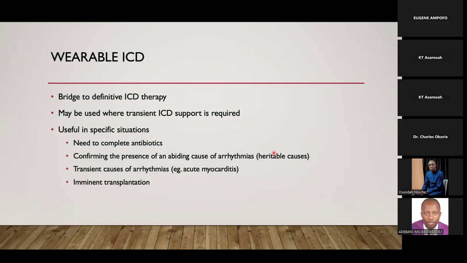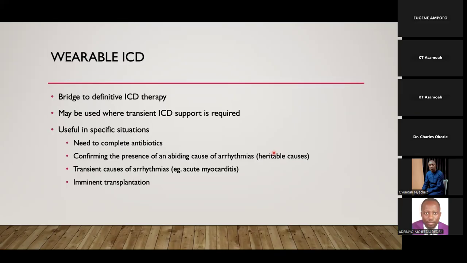For example, if you have a patient who needs an ICD, but the patient is being treated for something like infective endocarditis, you cannot put in a transvenous ICD, because with all those vegetations, one, you're going to contaminate the lead, and two, you're probably going to embolize a vegetation. So for this patient, you will need to use a wearable ICD while you complete your treatment with the antibiotics. Once it resolves, you can put in the transvenous ICD and then take off the wearable one.